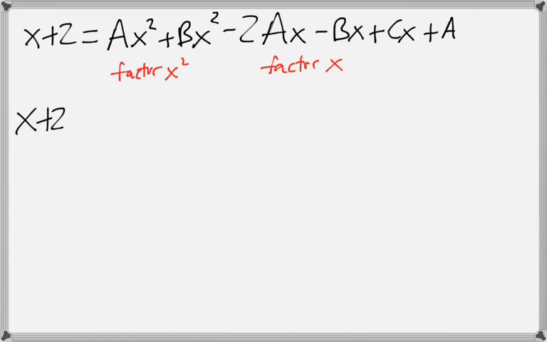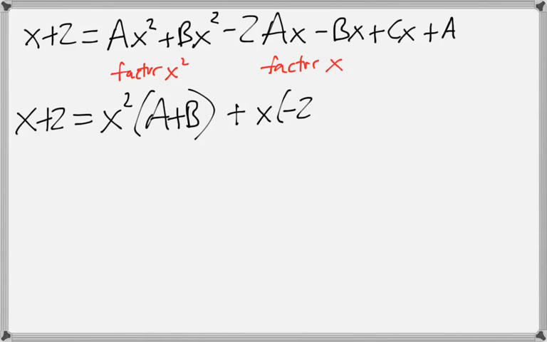So I have x plus 2 is equal to x squared times a plus b plus x times negative 2a minus b plus c. Then I have plus a. So now we want to equate our coefficients.